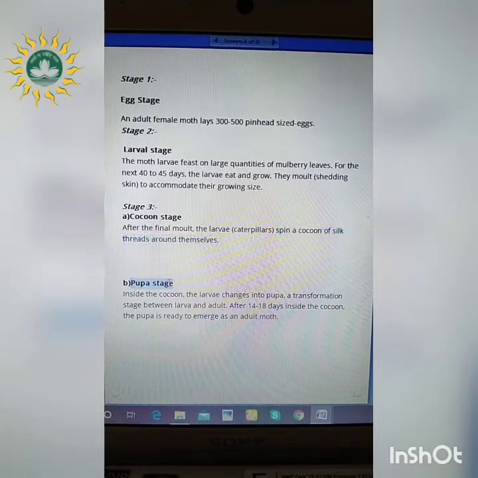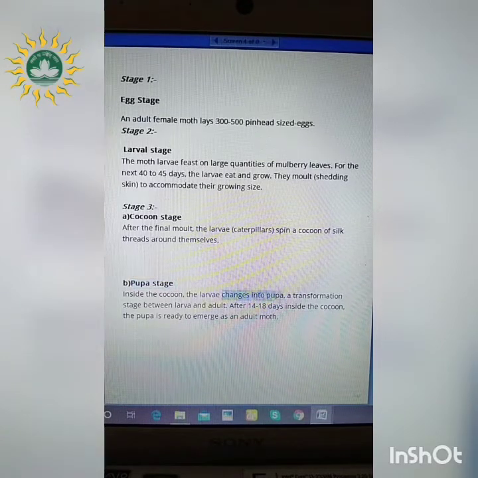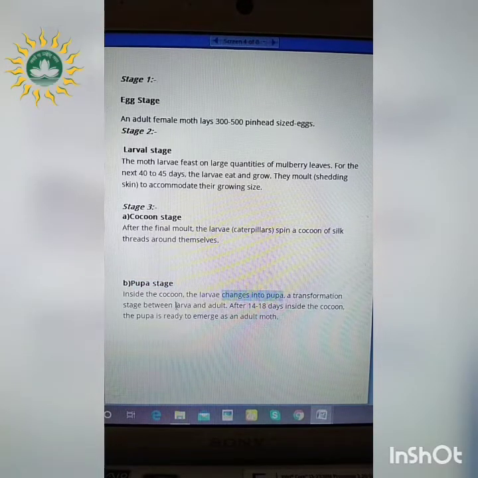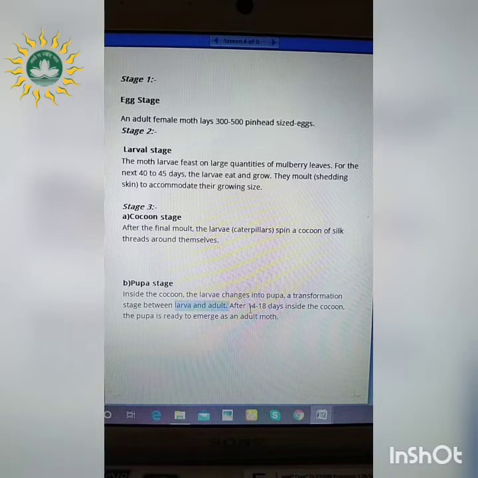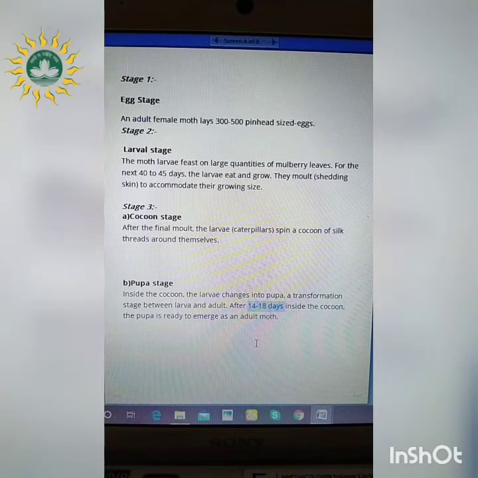And in the pupa stage, inside this cocoon, the caterpillar changes into a pupa. This transformation is between the larva and the adult. After 14 to 18 days, inside this cocoon, the pupa becomes ready to become an adult moth. So up to this it is clear, I guess.